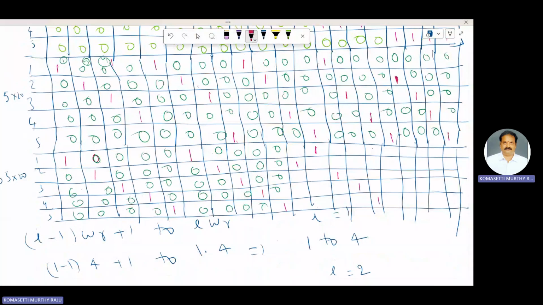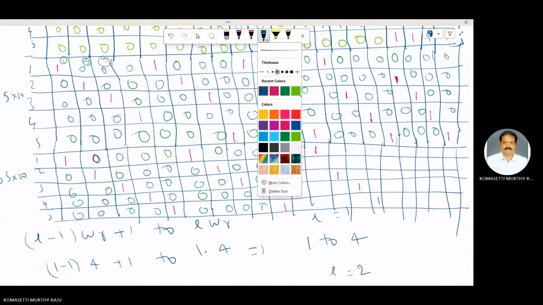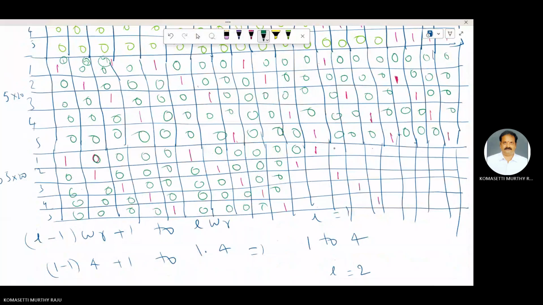Here 1, here 1. 11th is also completed. 12, 13, 14, 15. Here the remaining are zeros.